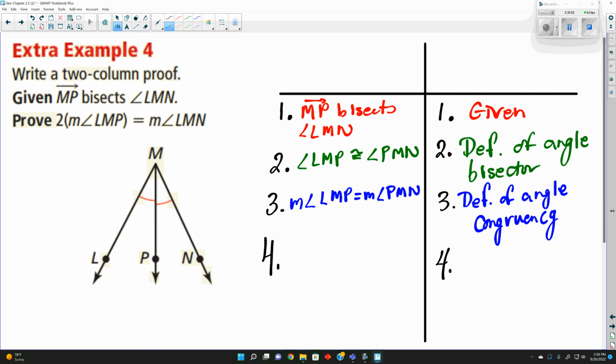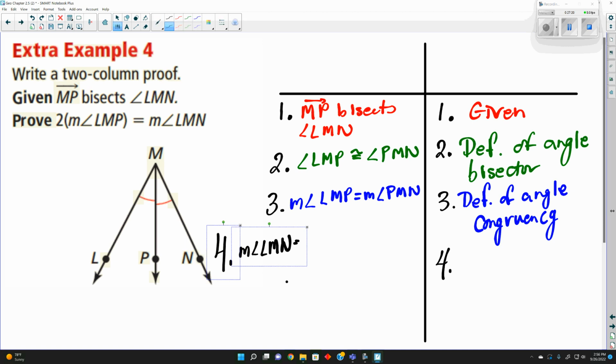Now, just like the last one, we can't take that any further because we said that they're equal. That's good, but we need to what? We need to talk about LMN, because the measure of angle LMN is equal to, well, I just ran out of room. Not yet, but going to.